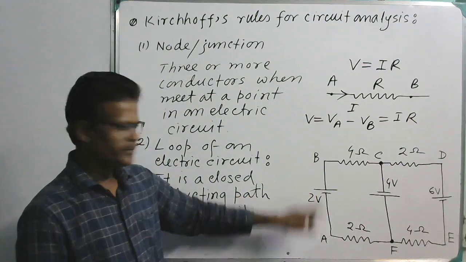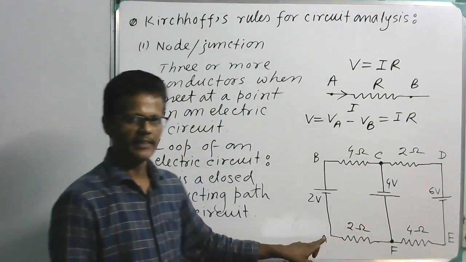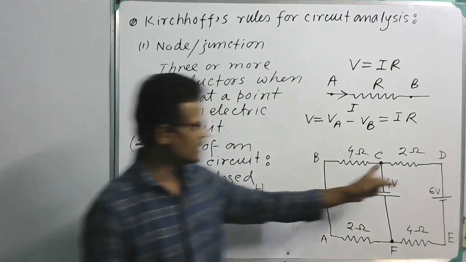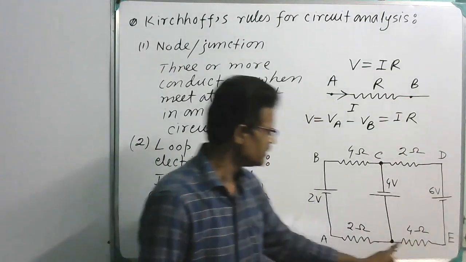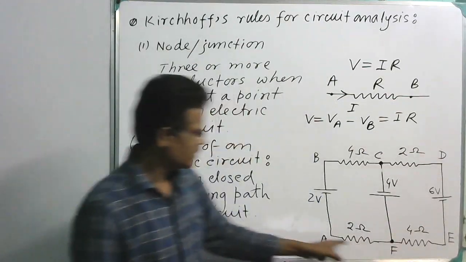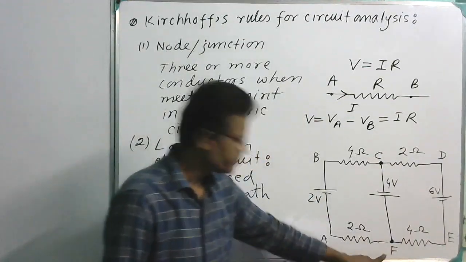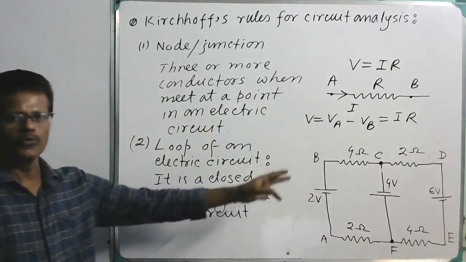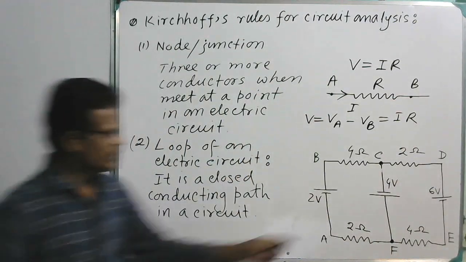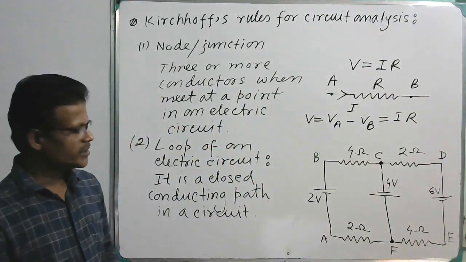This A, B, C, F, A is a closed loop or closed path. Another is C, D, E, F, C. The third one is A, B, C, D, E, F, A. So there are three loops in this circuit, three closed paths.